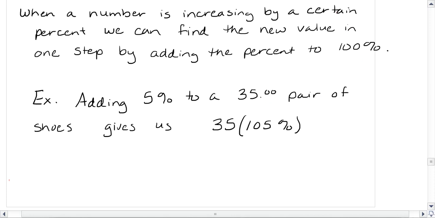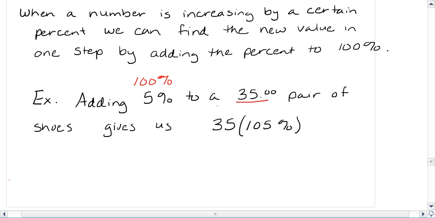So we'll find an example here, adding 5% to a $35 pair of shoes gives us, so we take the $35 and we have added the 100% and the 5% together, because the 100% stands for the $35 for the cost of the shoes.